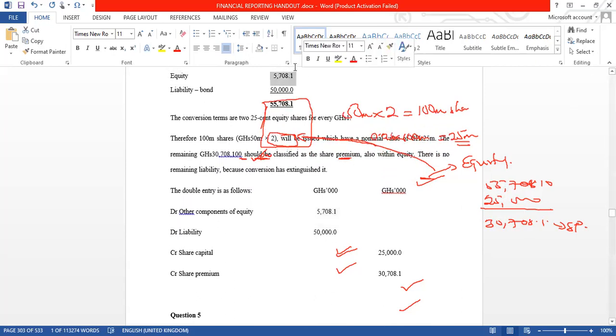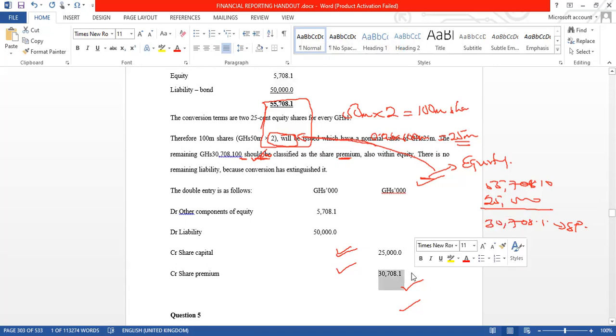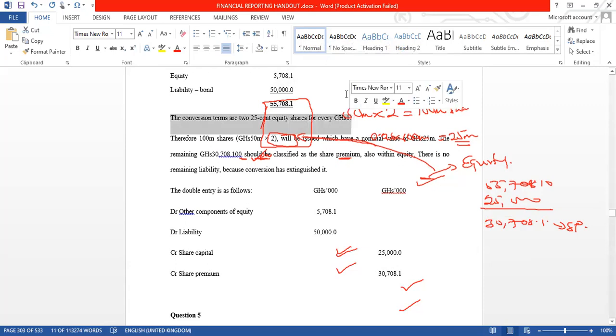But if it is going to be converted, then this is how the conversion is done. Okay, because these were the conversion terms. All right, so that is that. You need to know this. Solve more examples and you will be fine.